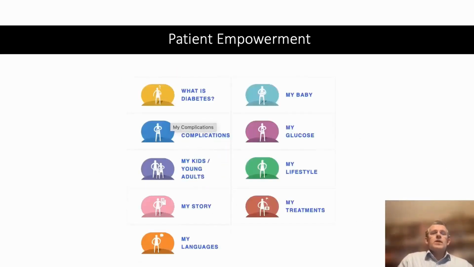Within My Diabetes My Way, there are lots and lots of tools. Not only can they find out and monitor their own results of HbA1c, blood pressure, etc., but they can also access very well written patient education, both written and in video.